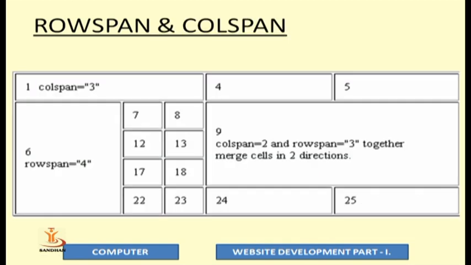Now this is also one kind of complicated table example where we have so much merging happening. To understand this example, you can see this table is representing 5 by 5. That means in this table there are 5 rows and 5 columns. But here you can see this is colspan. I have declared colspan 3 because this is merging 3 different cells.